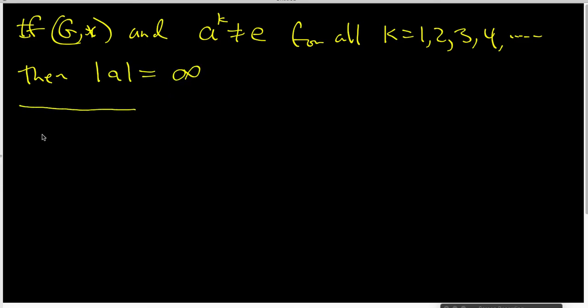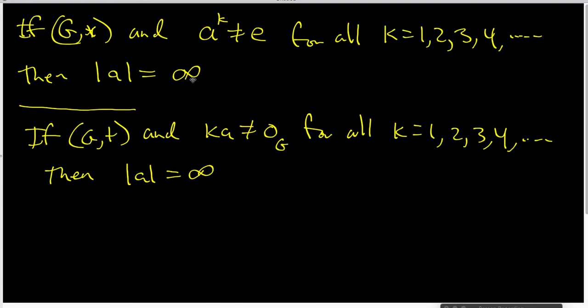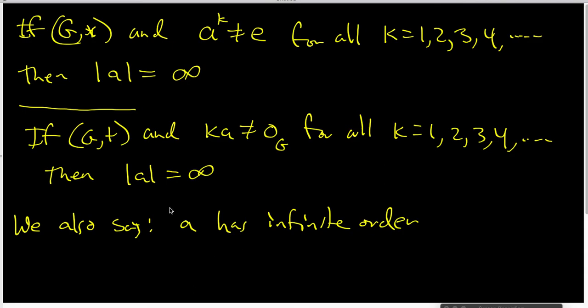In an additive group, this statement would look like: if my group is additive and k times a is never equal to the 0 in the group for all positive integers, then I would be saying that the order of a is equal to infinity. We can also say in both of these situations that a has infinite order. That means the same thing. So now let's look at some examples.